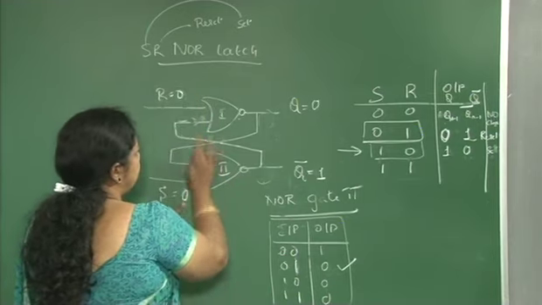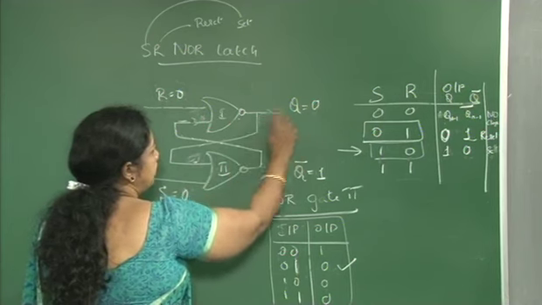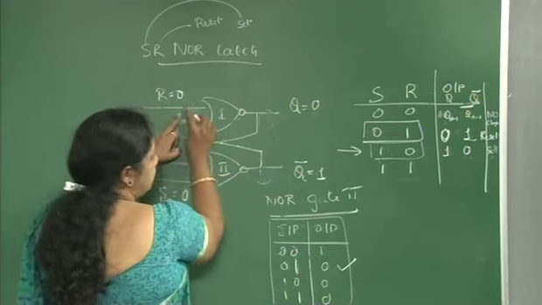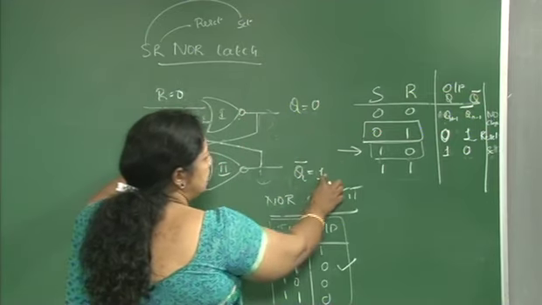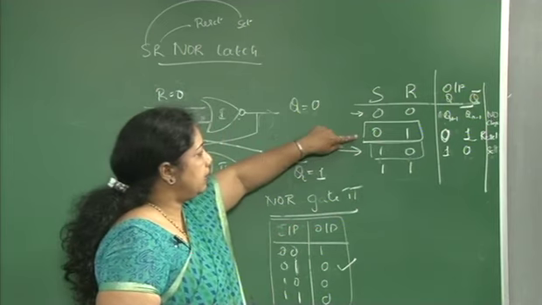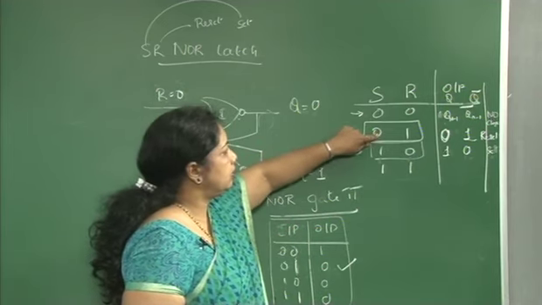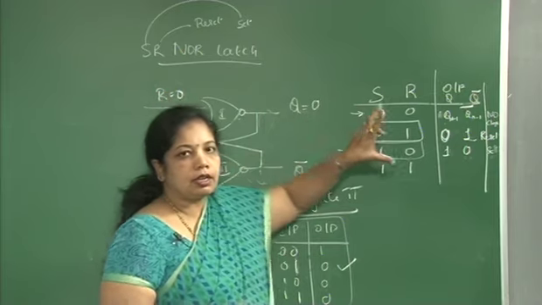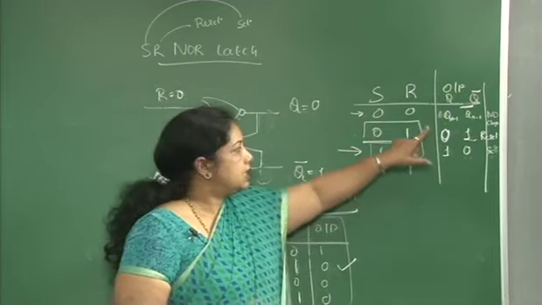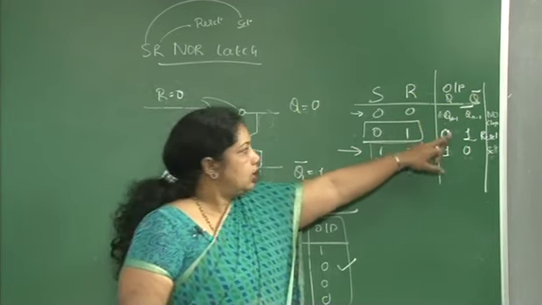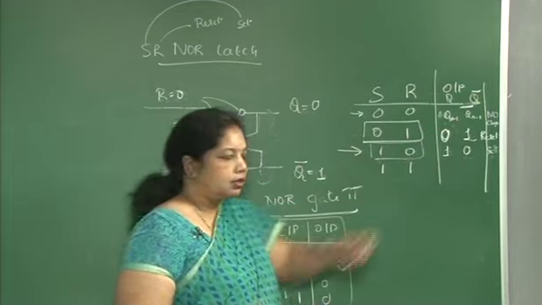My output is 0 here, 0 and 0 gives 1, so with 0 0 it is once again no change. When I make the inputs 0 0, whatever previous condition has been stored is retained. That is called the no change condition.